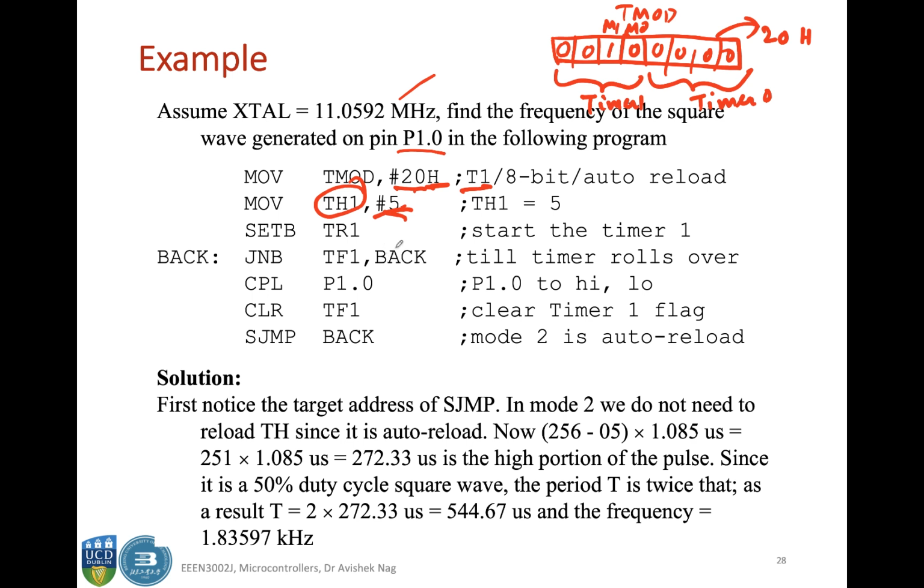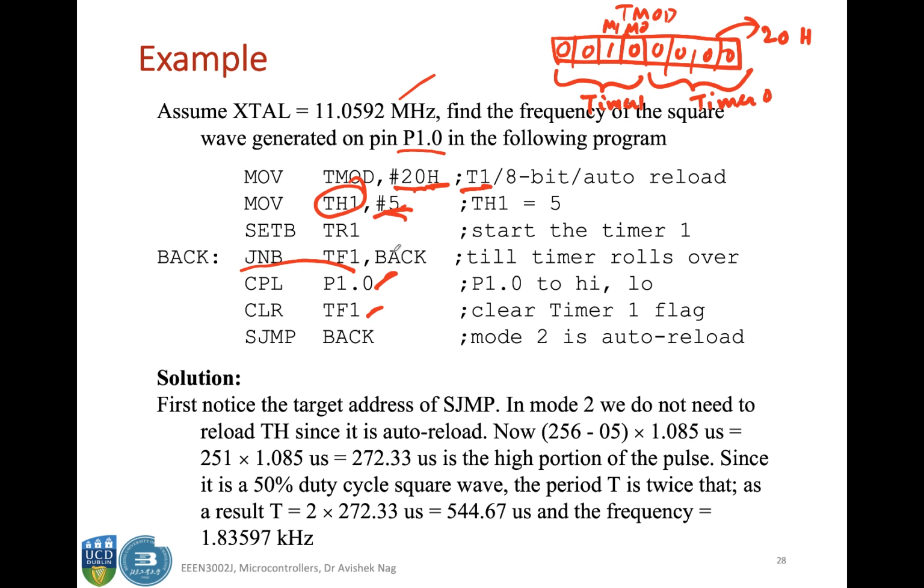Then you start the timer, and you monitor TF1 until it rolls over. Once it rolls over, it goes to this line where port 1.0 goes high or low depending on which state it was in, and then you clear the timer flag.